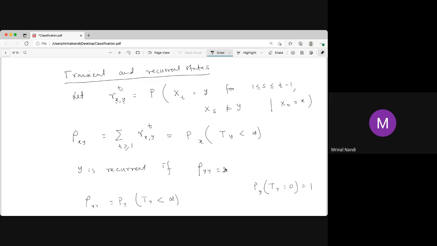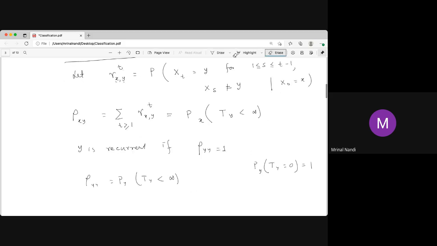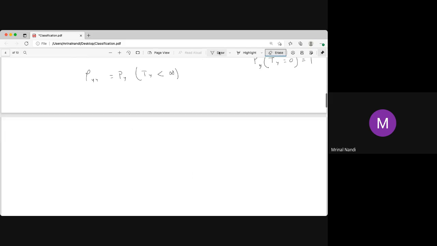So the sum is 1/2 plus 1/4 plus 1/2 cube and so on, an infinite GP. So this will be 1. Now this is a recurrent state in this case. So a recurring state means it starts from that state and reaches there with probability 1, but the number of steps may be anything, though it is finite.